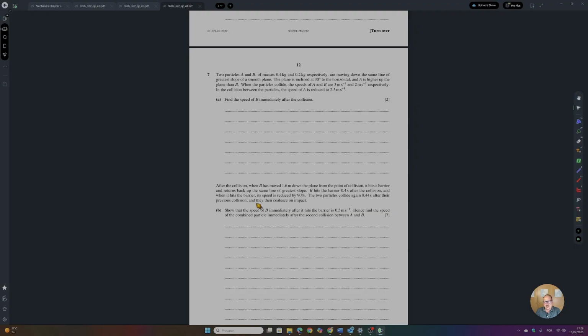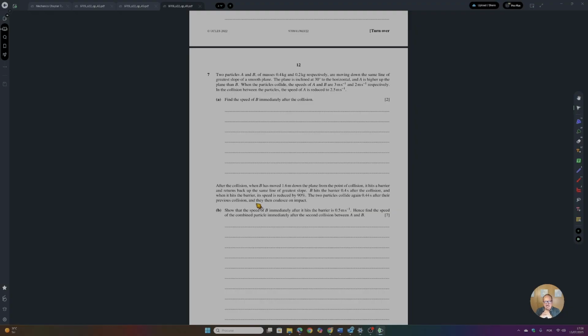The two particles collide again 0.44 seconds after their previous collision, and they then coalesce on impact. Show that the speed of B immediately after it hit the barrier is 0.5 meters per second, and hence find the speed of the combined particle immediately after the second collision between A and B.